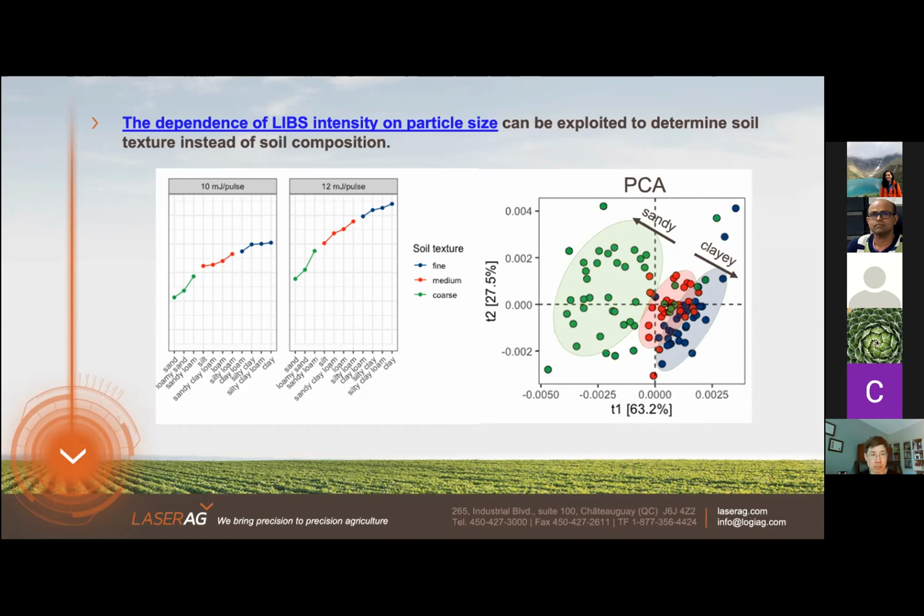The green one is mostly sandy soils, and the blue one is clay soils. In the middle, you have a mix of silty soils and loamy soils. This gave us an indication that we can use the technology to predict the texture of the soil.